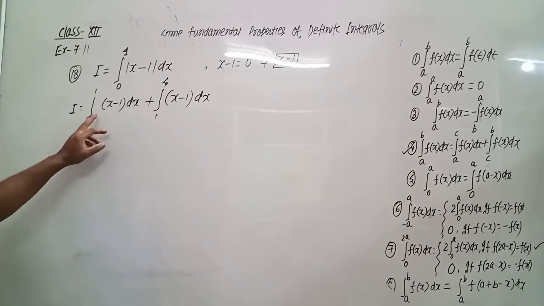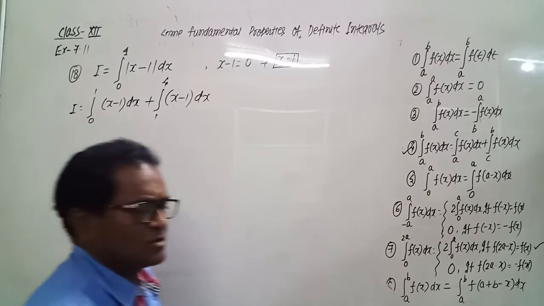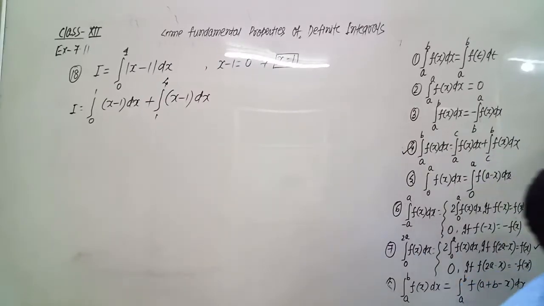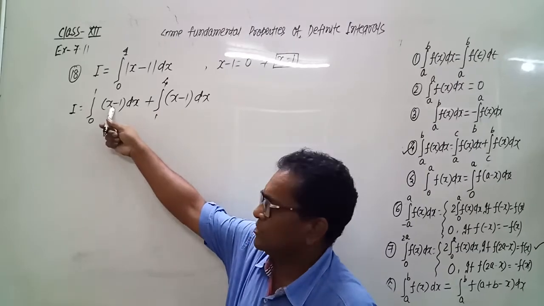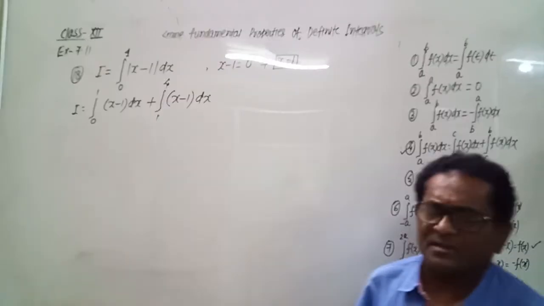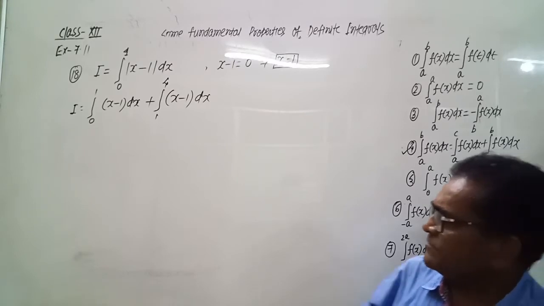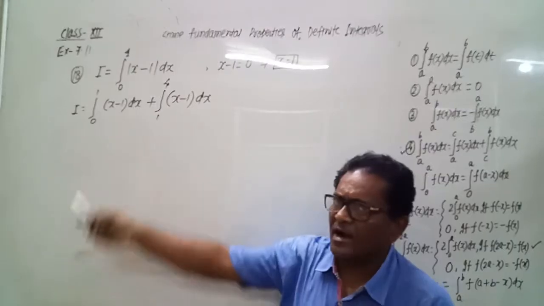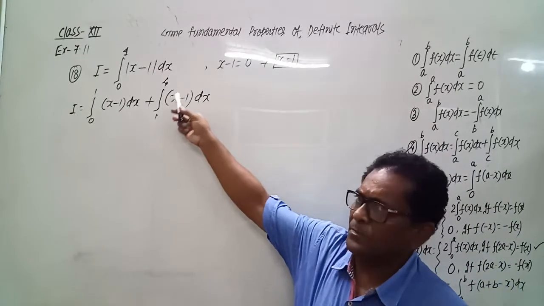Now put a value lying between 0 and 1 in this expression. Between 0 and 1, take 1 by 2, and when we put the value 1 by 2, then 1 by 2 minus 1 gives a negative value. And between 1 and 4, let us take 2 or 3, so it gives a positive value.